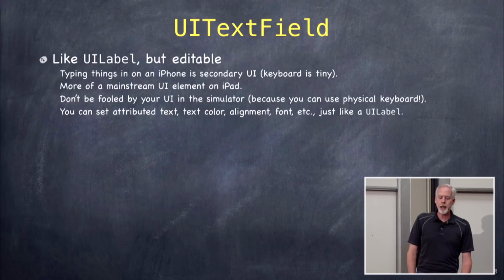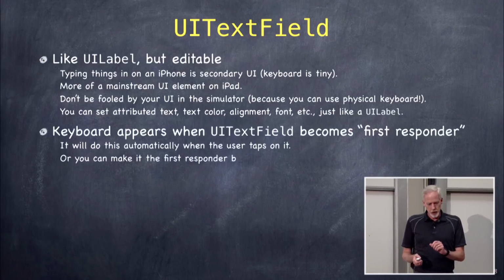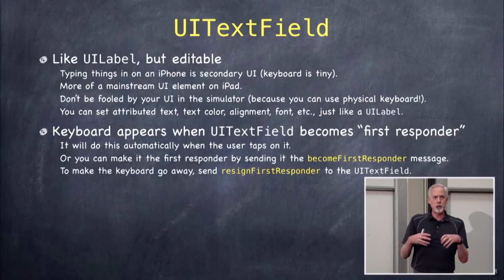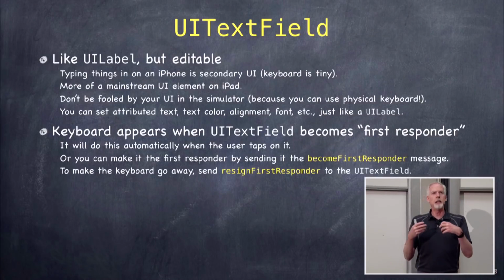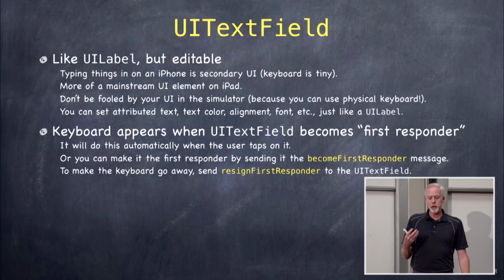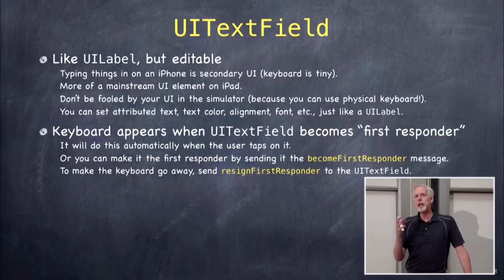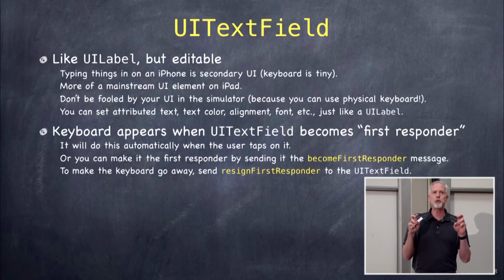Okay? So the text field is something that obviously throws a keyboard up and lets you enter text. One thing to notice about the keyboard is there's no keyboard object or anything anywhere in iOS. Okay? So the keyboard coming up happens because an object becomes the first responder. The first responder is the thing that gets the keyboard events from the keyboard.